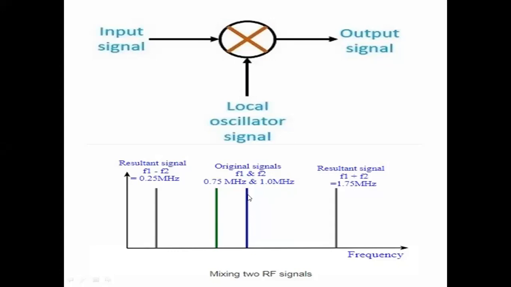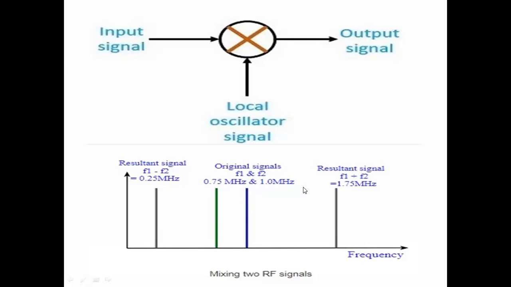Next, by mixing these two signals, we get two resultant signals: F1 plus F2, and F1 minus F2. F1 is 0.75 megahertz and F2 is 1 megahertz.